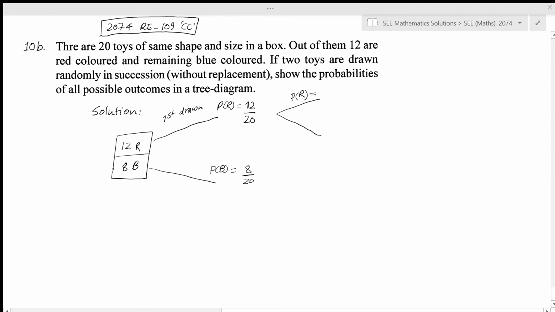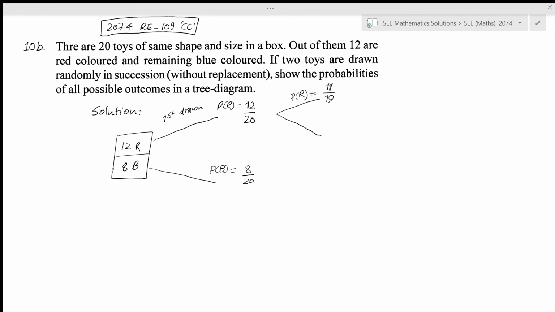The number of red left after the first draw is 11, so we have 11 options left for red, and the total toys left are 19, because we did not replace the toy that was already drawn, right?